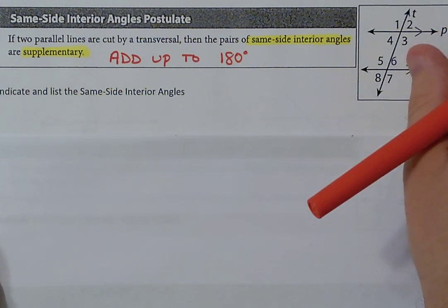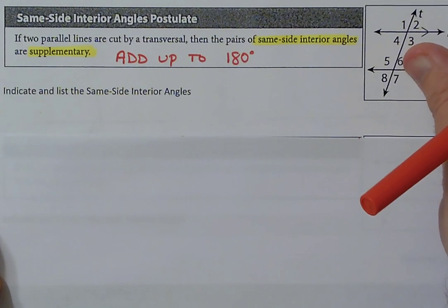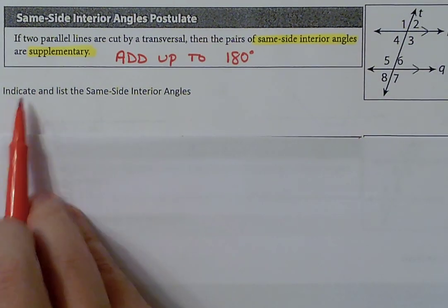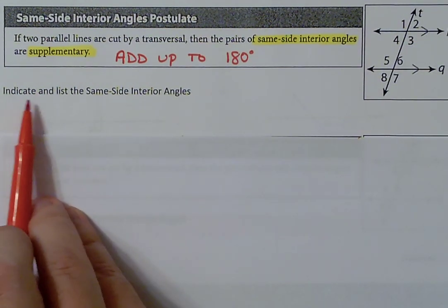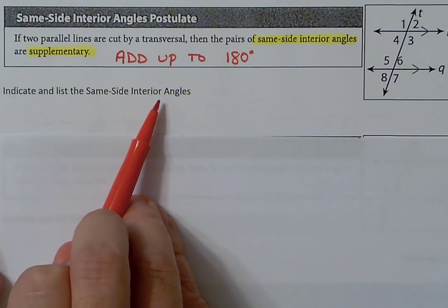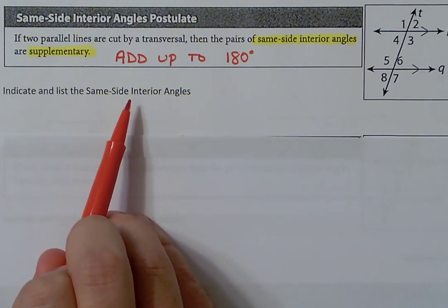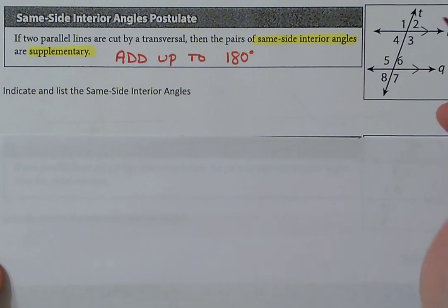Now, I can get this to come over, there we go. What it wants us to do is to indicate and list the same side interior angles. Same side interior angles would be angles that are on the same side of the transversal, but in between the parallel lines.